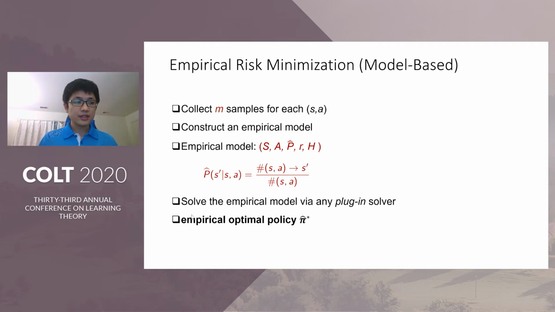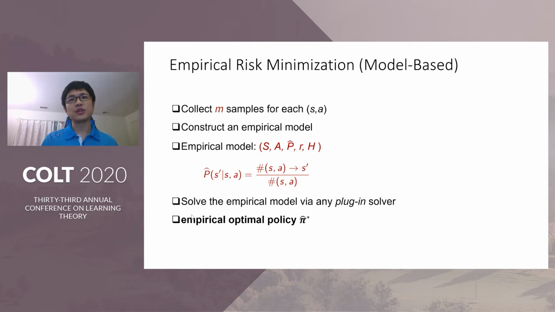Talking about the model-based algorithm, we consider the most basic one, the empirical risk minimization type algorithm. It goes like this. First, we collect a bunch of samples from each state action pair, and then we use this set of samples to construct an empirical model, which is also very easy. You just count how many transitions go from one state action pair to another state and divide by the total number of counts there.